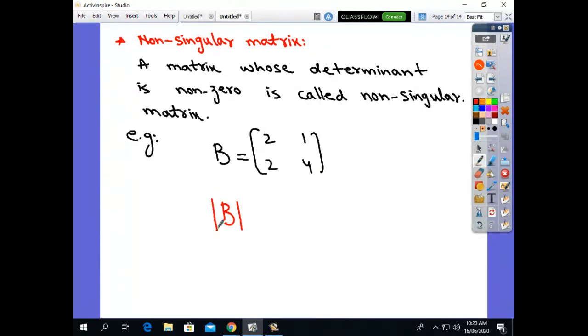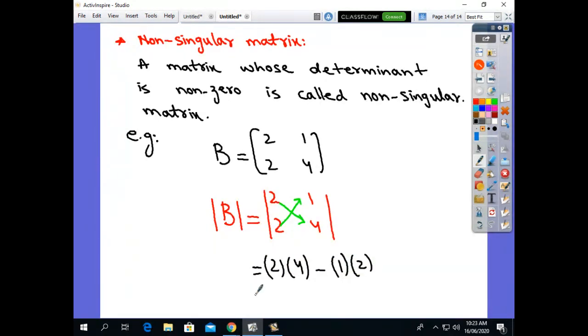These two lines show the determinant of matrix B. How to take a determinant? 2 is multiplied with 4, and there is a negative sign between them, then 1 is multiplied with 2. It becomes 8 minus 2, which is 6.